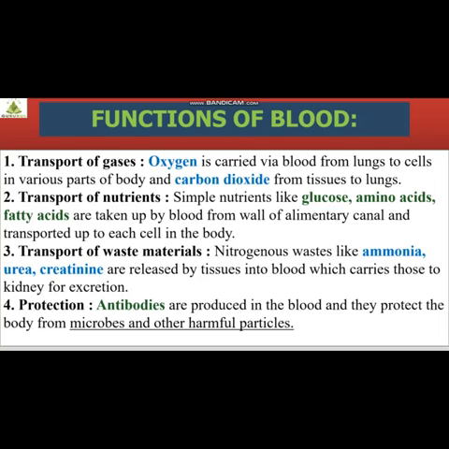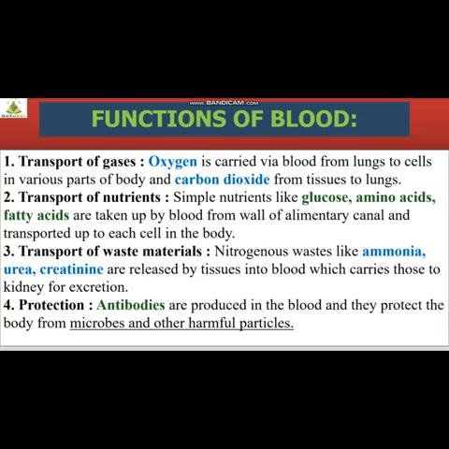So it is a transportation process only, right? The nitrogenous waste is carried to the kidney for the excretion process. We all know that the kidney is very much involved in the filtration process, the cleaning process of our body. So blood is doing that particular function also, transport of waste materials.